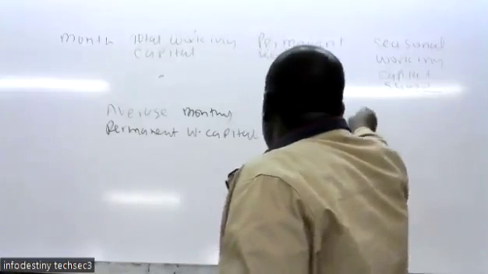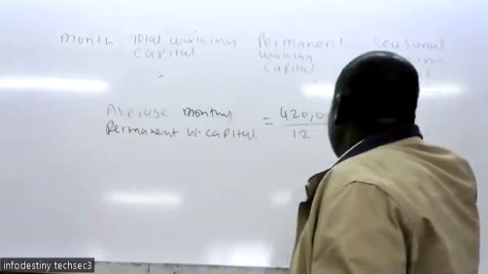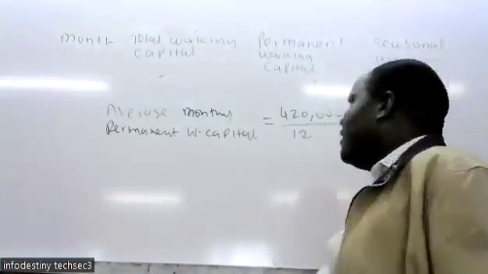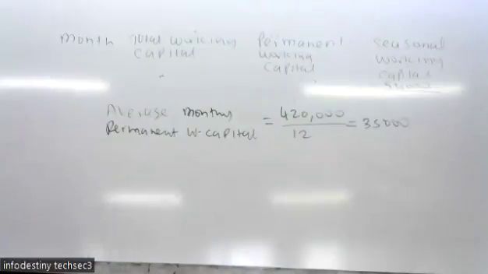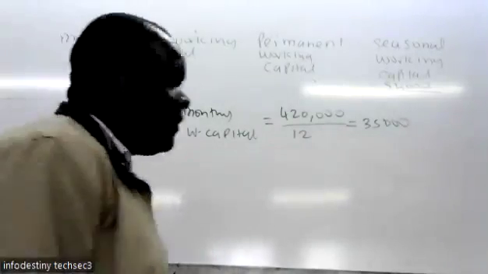You still go back to 35. Remember 35? So that is now the average monthly permanent working capital. You simply take the total, divide by 12 months, because they say monthly. And remember, this one was for 12 months.